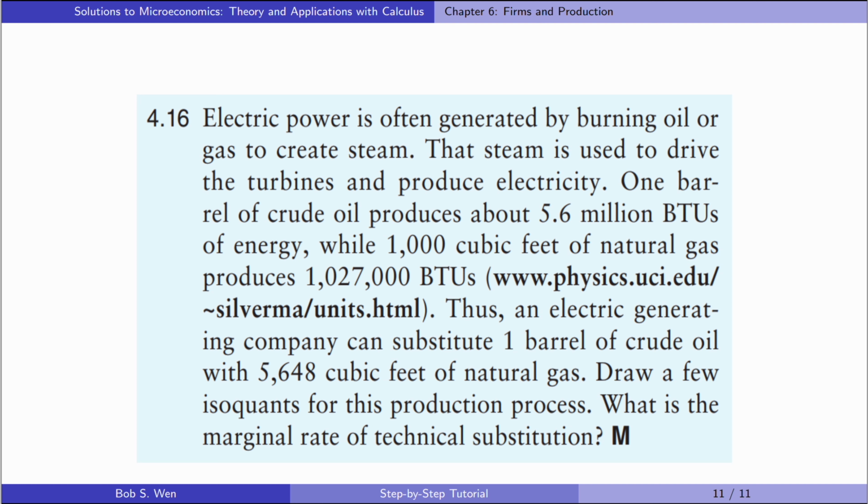Thus, an electric generating company can substitute 1 barrel of crude oil with 5,648 cubic feet of natural gas.